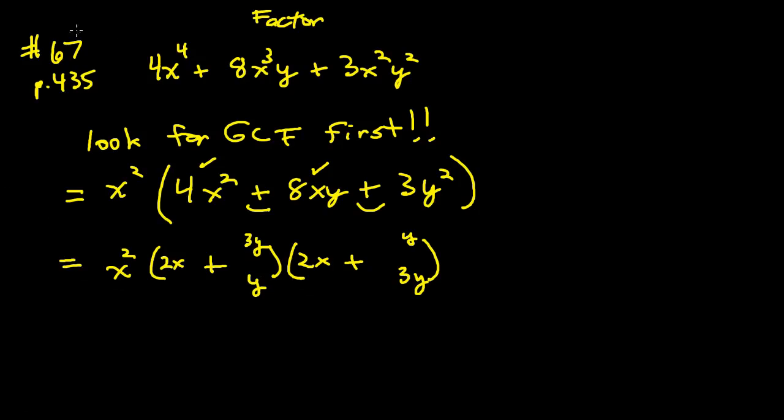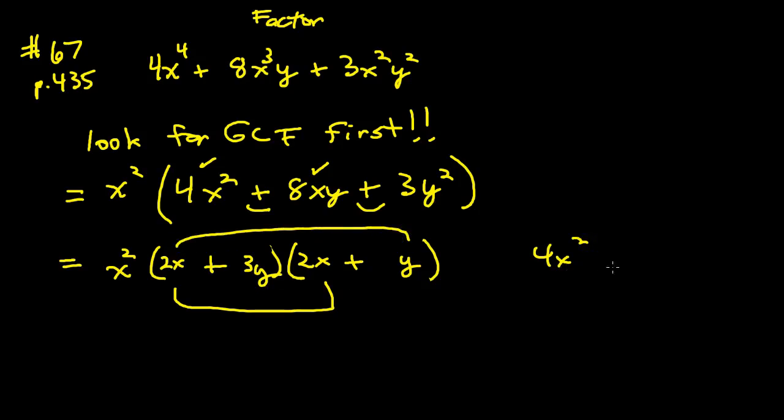All right, so let me erase this sub-option, and I'm going to put 3y and y in the last slots here. And I'll check my answer once more. 2x times 2x is 4x squared.